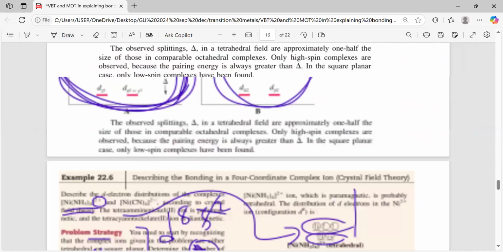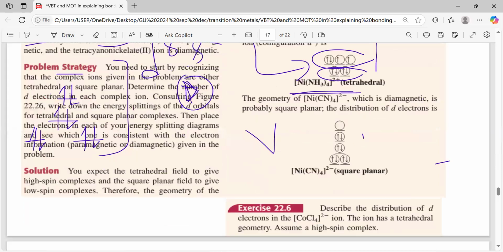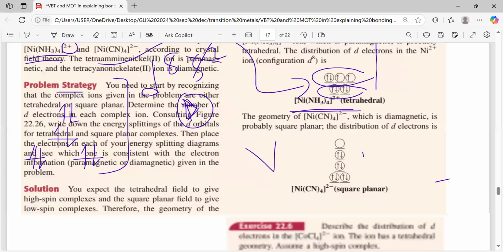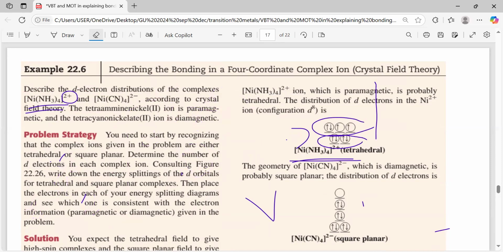You have to learn to think using as much data as possible. Now, having done that, I go to the other complex, which is cyanide, and see what the structure of the cyanide is. Because from data, the cyanide one is diamagnetic.